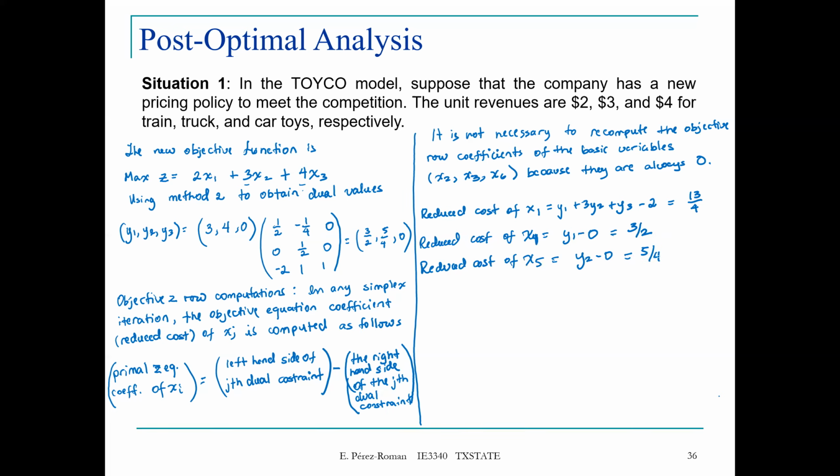Since all of the reduced costs are greater than or equal to 0, what that means is that the current solution remains optimal.